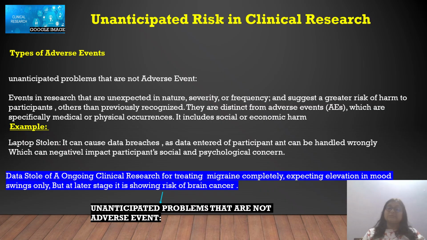But here we are saying that unanticipated problems are there, but they are not adverse events. These are events in research that are unexpected in nature, severity, or frequency and suggest a greater risk of harm to participants other than previously recognized. They are distinct from adverse events, which are specifically medical or physical occurrences.